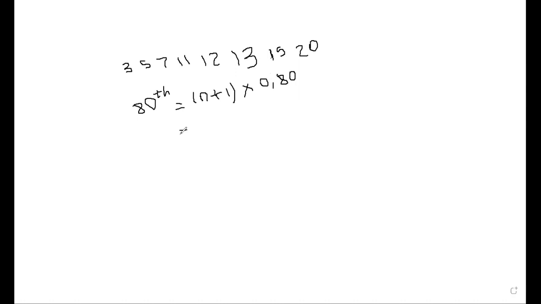Which is equal to, the n is what? The n is still 8. 8 plus 1, multiplied by 0.80.